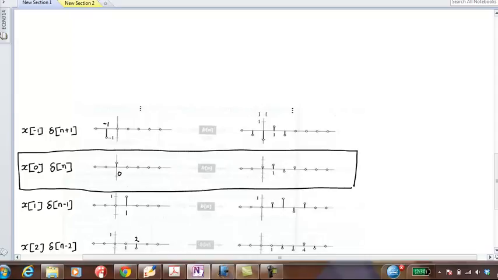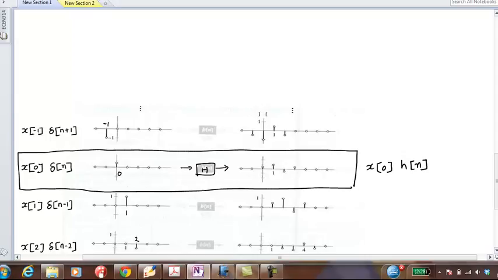What this is really saying is this: if my input to the system were x of 0 times delta of n, because my system is linear, my output has to be x of 0 times h of n, because a linear system is homogeneous.